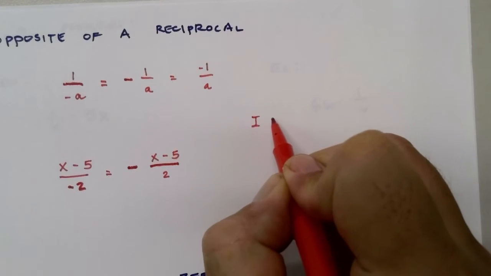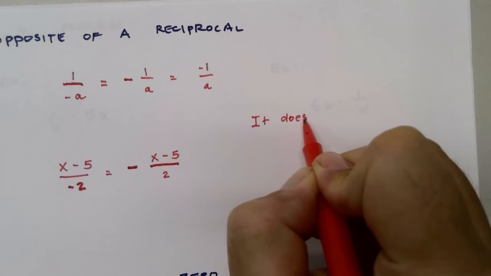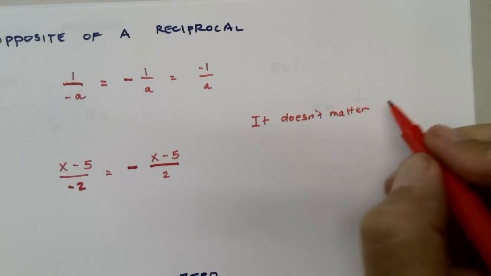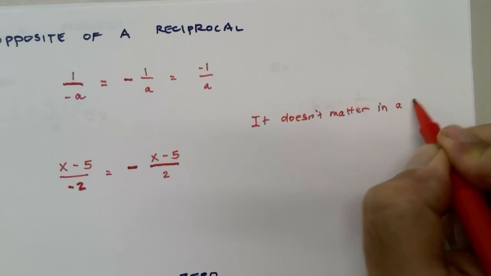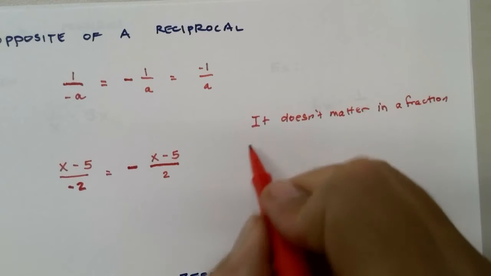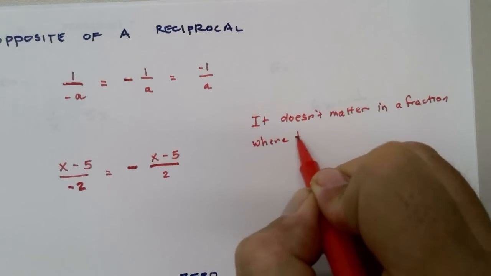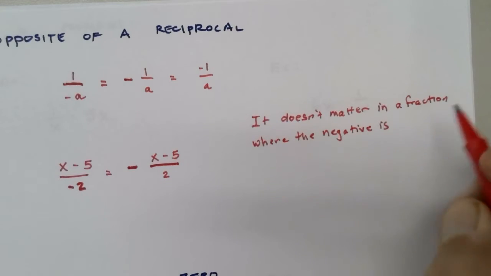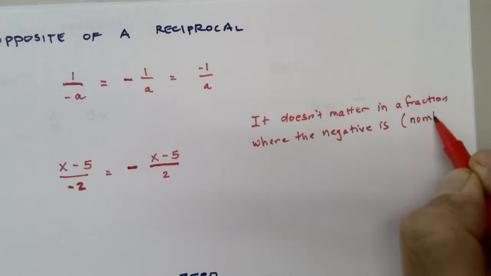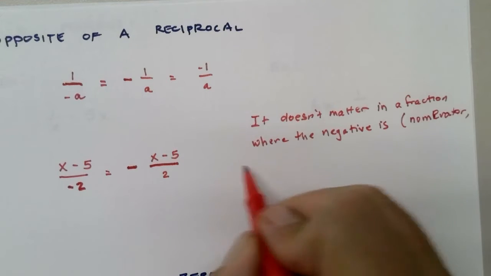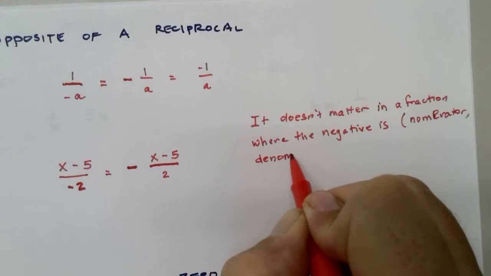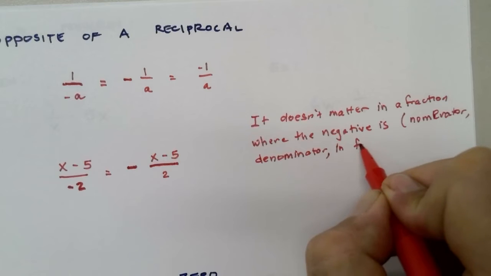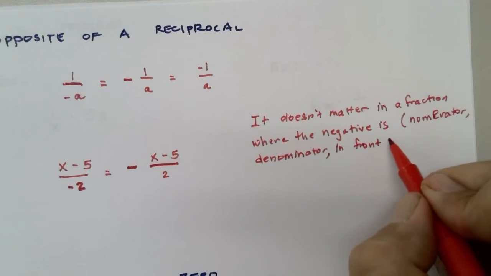It doesn't matter in a fraction where the negative is. And by that I mean it can be in the numerator, in the denominator, or just in front, neither in the denominator nor the numerator.